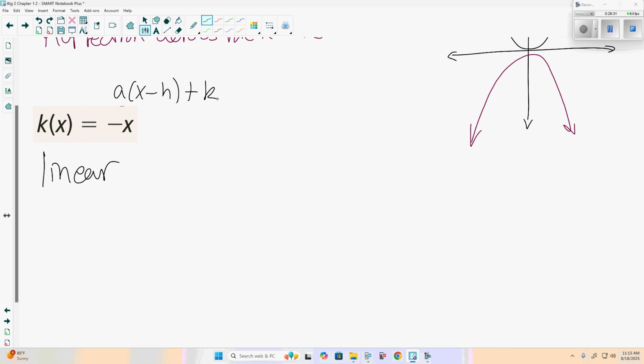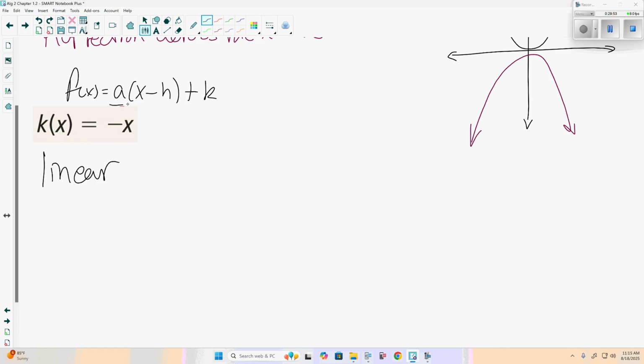Now the general form, we'll call it f of x, a times x minus h plus k. There are no parentheses, so that means we do not have any value of h, nothing inside, it's just x. Do we have any number added to the end? No, so it's telling us it's not moving up, down, left, or right. We don't have any transformation there.